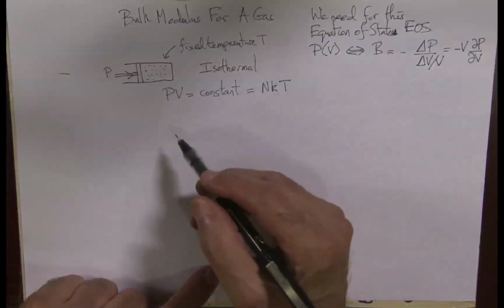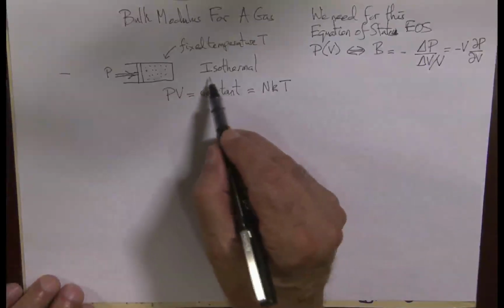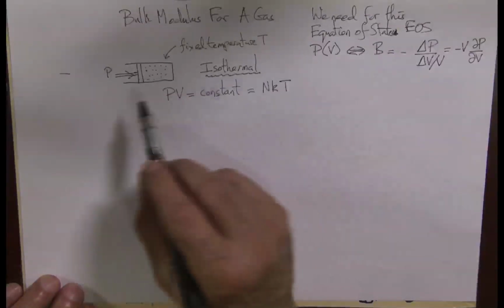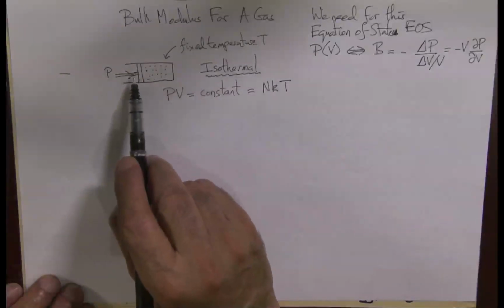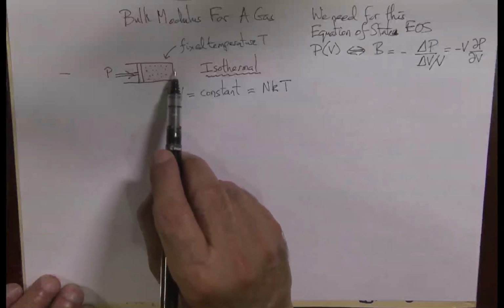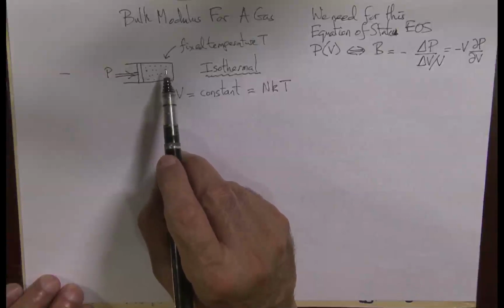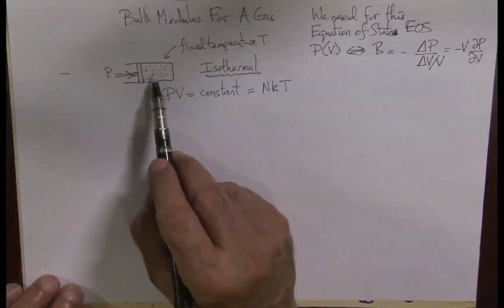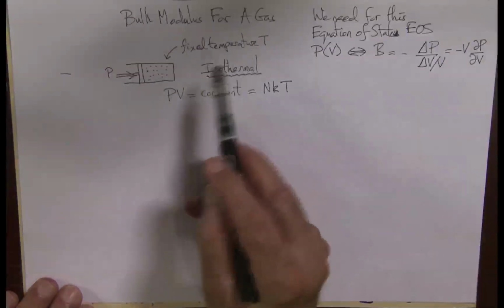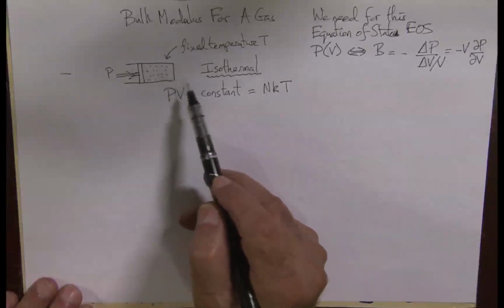P is proportional to 1 over V, etc. So in the isothermal case, what you do is you apply a pressure keeping the temperature of the vessel constant. Of course, this means that you've done work on the gas, and so you've put in energy. To keep it at fixed temperature, you must convey heat away from the sides.